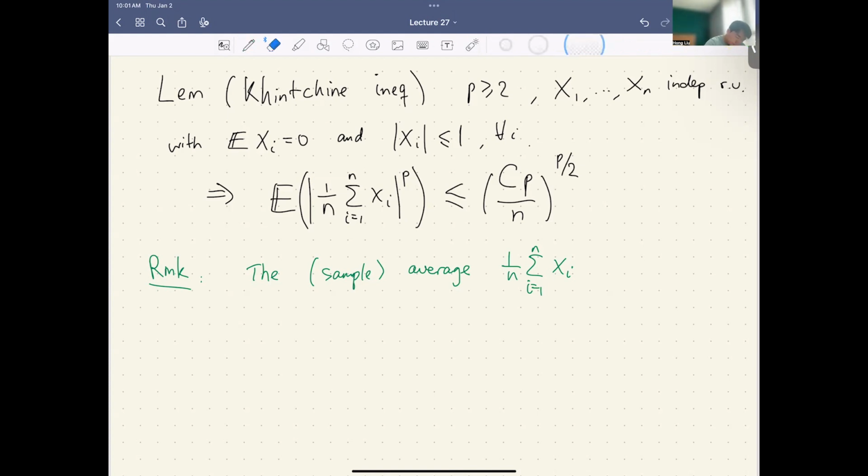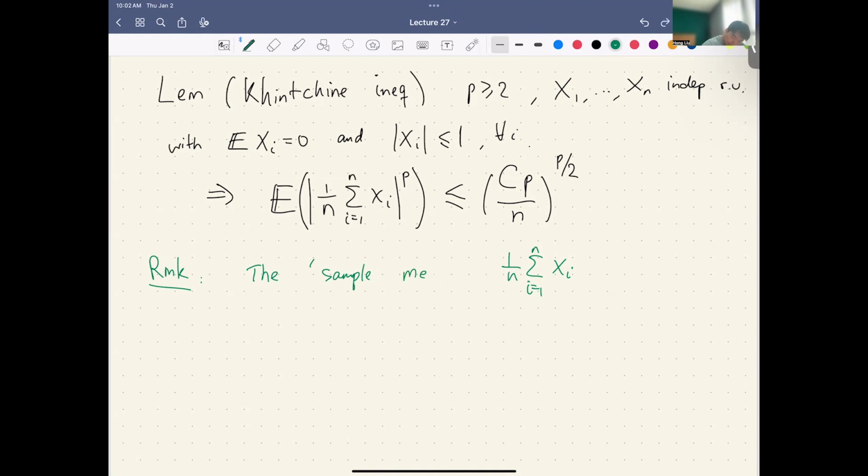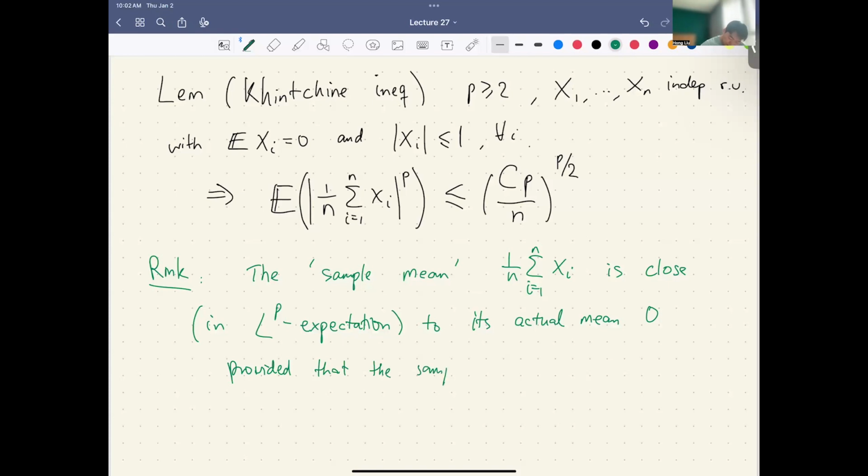This sample mean is pretty close, but in LP expectation, the pth moment, to its actual mean, 0, provided that the sample size, which is n, is sufficiently large. Okay. Any question?